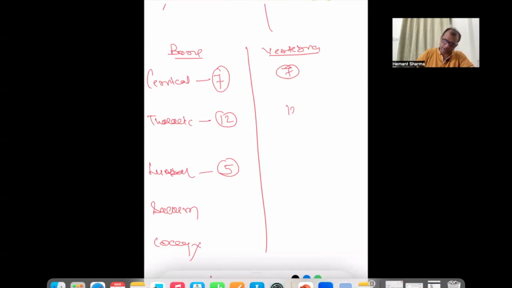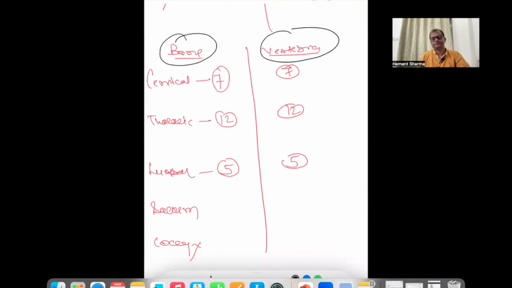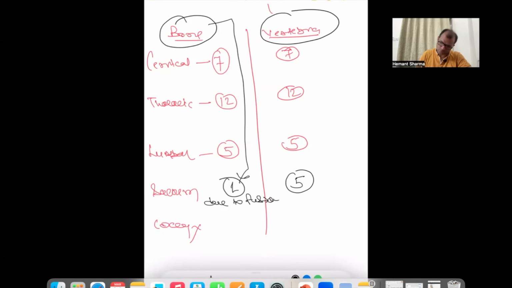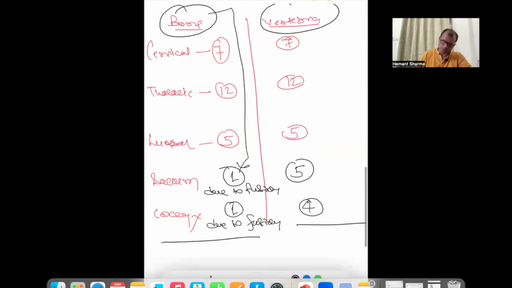So 7 vertebrae, 12 vertebrae, 5 vertebrae, they are called vertebrae as well as bones। In the sacrum there are 5 vertebrae, but they become one, they are getting fused and becoming one bone। So they become one due to fusion। In the coccyx there are 4 vertebrae, they also become one due to fusion। So now we can count, if we count the bones it will be 26। But how many vertebrae?